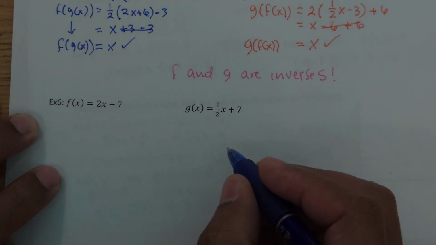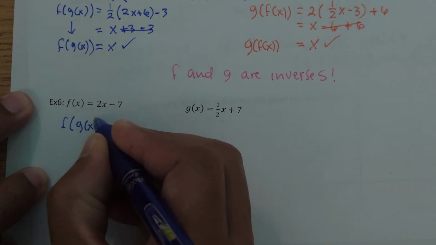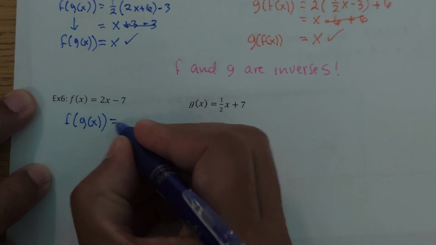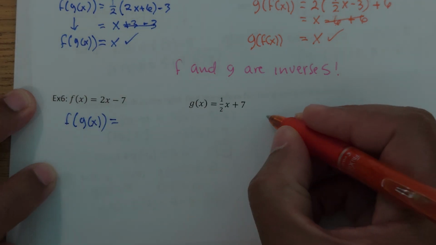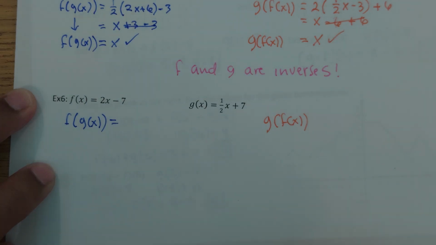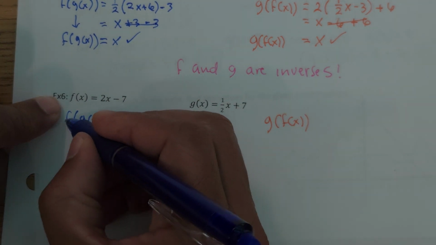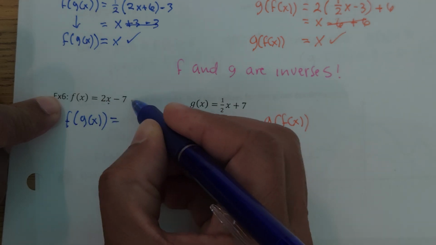For this one, let's do f of g of x on this side, and then we'll do g of f of x on this side. Notice that f is going to multiply that x by 2 and then subtract 7.